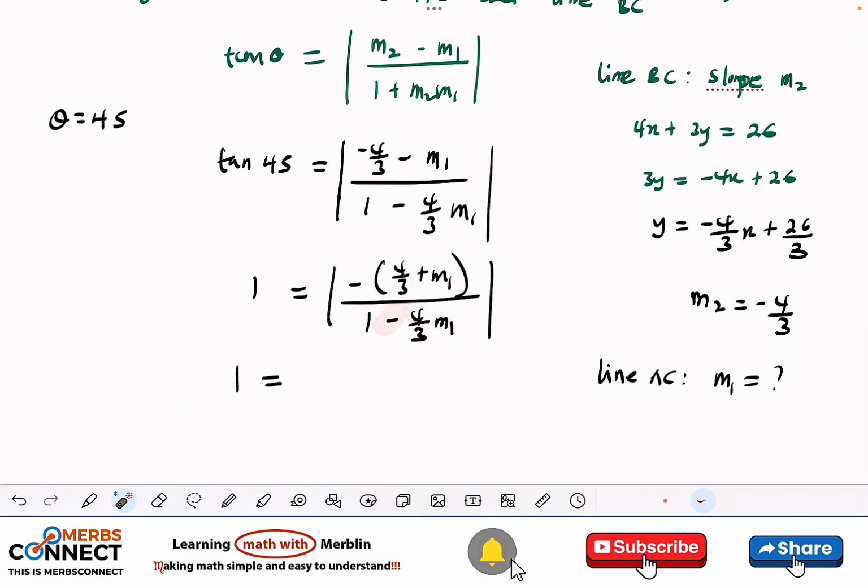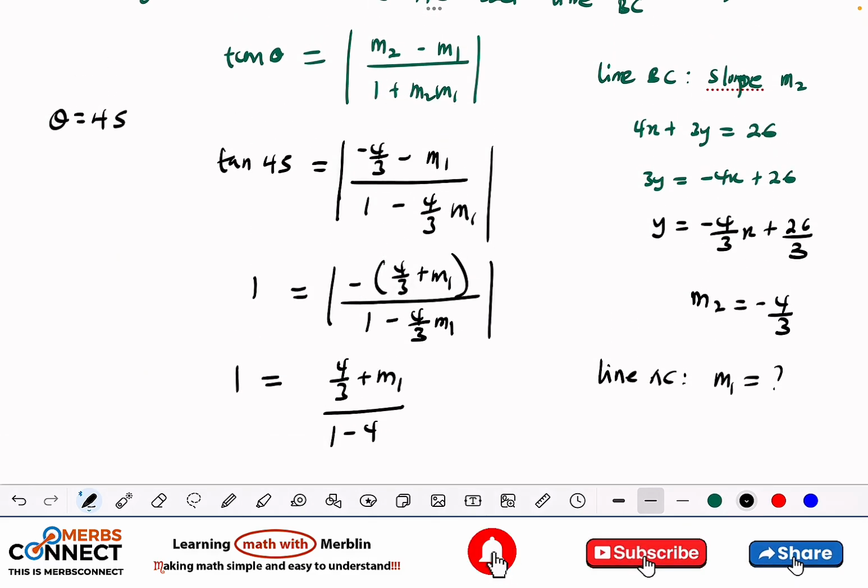With this one, I'm just going to leave it like that. So this is going to give us 4 over 3 plus M1 divided by 1 minus 4 divided by 3 M1. So now let's try and play around with this to get M1 basically.